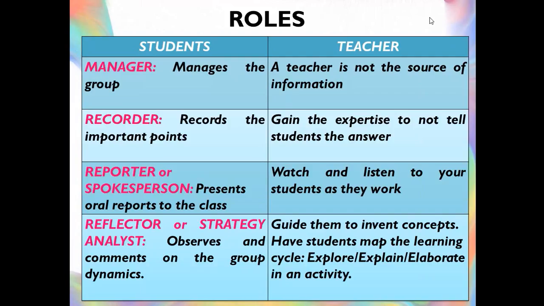The roles which are given to the students are roles in the team, because usually the team comprises 4 members. One person will act as a manager who will manage the time for the activity to be completed, who will manage all the team members to work, and finally bring out the output of that particular activity.